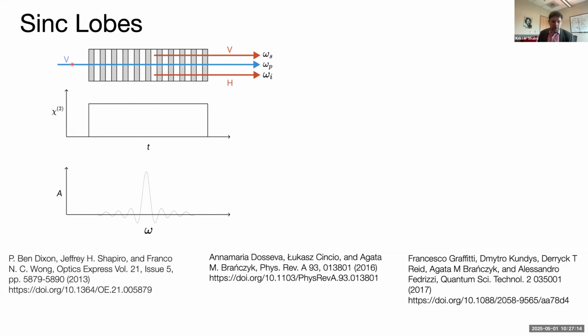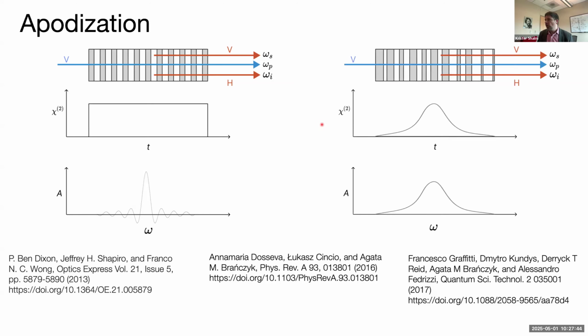That nonlinearity stays on, then the pump exits the crystal and the nonlinearity turns off. So in time I have a square, and when you take the Fourier transform of that into the frequency domain, you get a sinc function. So what we really need to do is change the poling period as we move along, so you do poor phase matching at the beginning and the end. You slowly turn on the nonlinearity, and you can approximate a Gaussian profile pretty well.